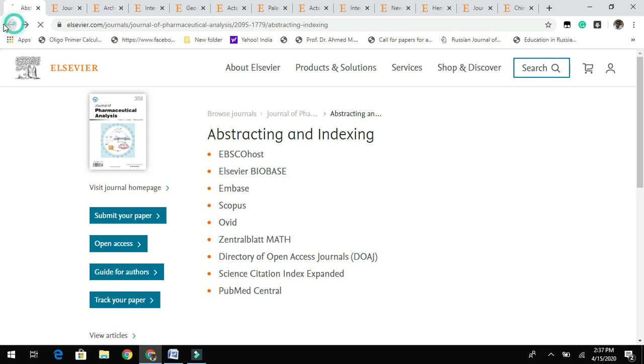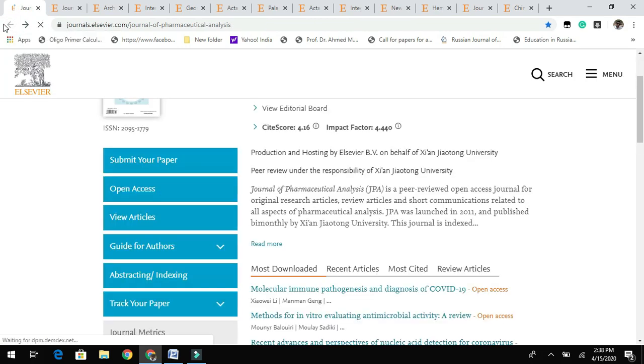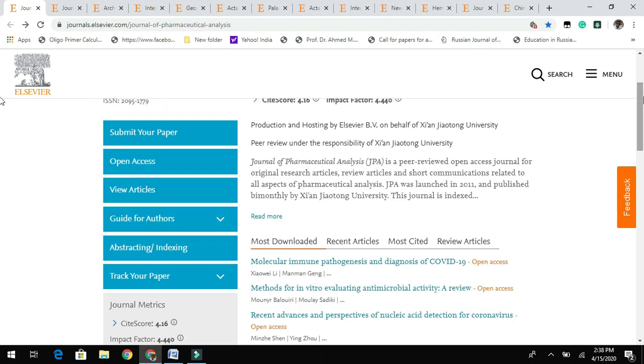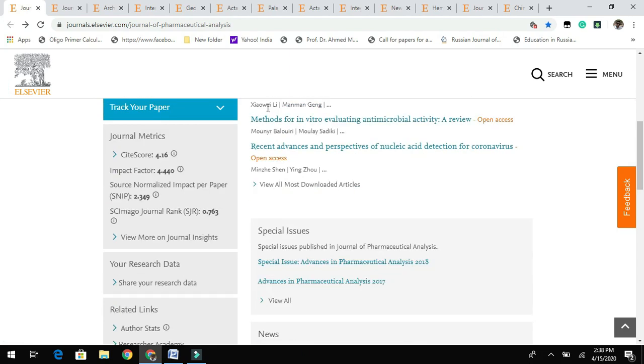And if you are really interested to contribute or submit any research article, then you need to come to this page and read the guide for authors, aims and scope of the journal, and try to publish.